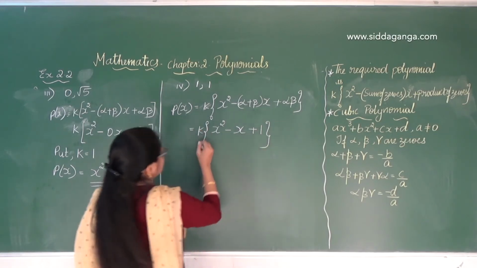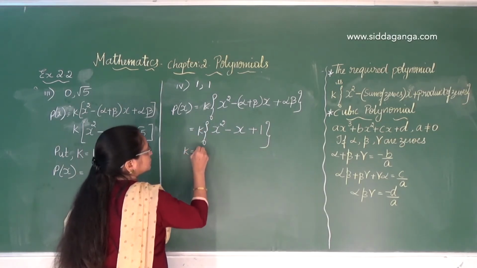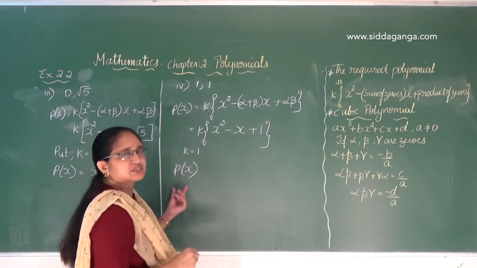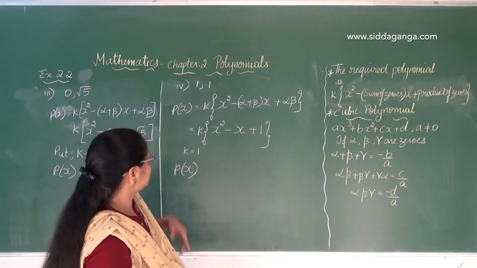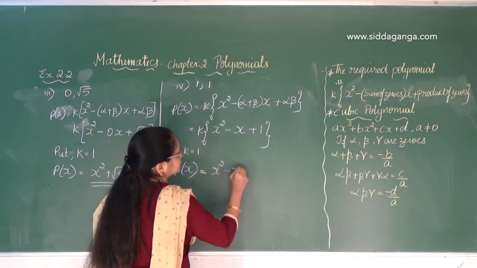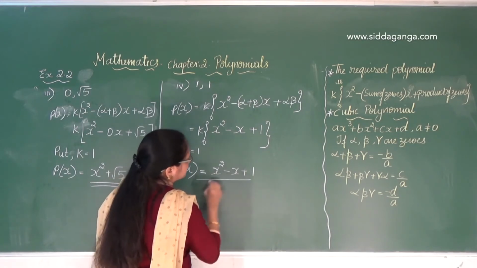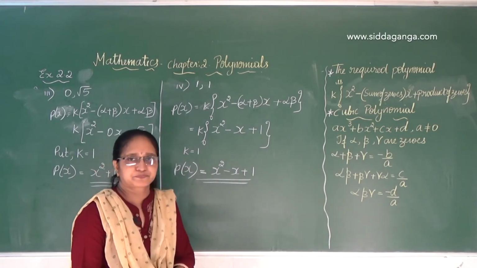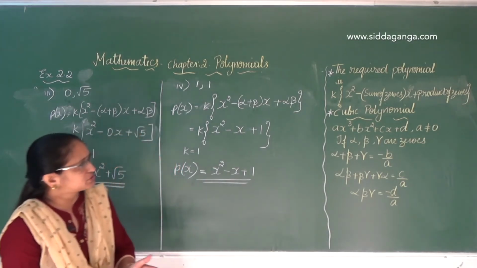You need not worry about this k, let k is equal to 1. So, the required polynomial will be p of x is equal to x square minus x plus 1. So, this is the answer for the fourth one. Okay, I hope you understood.